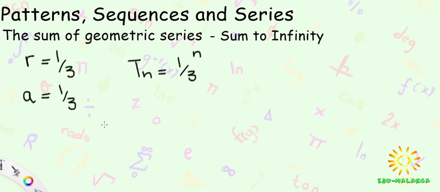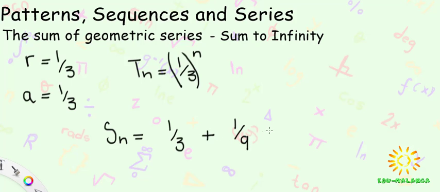Let's write down the terms of this series now. We have that Sn is equal to the first term 1/3 to the power of 1, that'll be 1/3, plus the second term. Let me put brackets here so we know that the power goes into everything: (1/3) to the power of 2, that will be 1/9 because that's 1/3 squared. Then we go to plus (1/3) to the power of 3, that's 1/27.